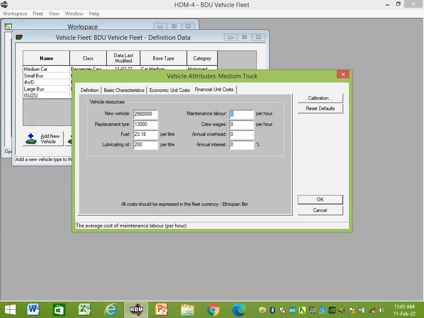Maintenance labor 187.5 financial. Crew wages 46.87 financial. Annual overhead 58,000. 12%. Okay.